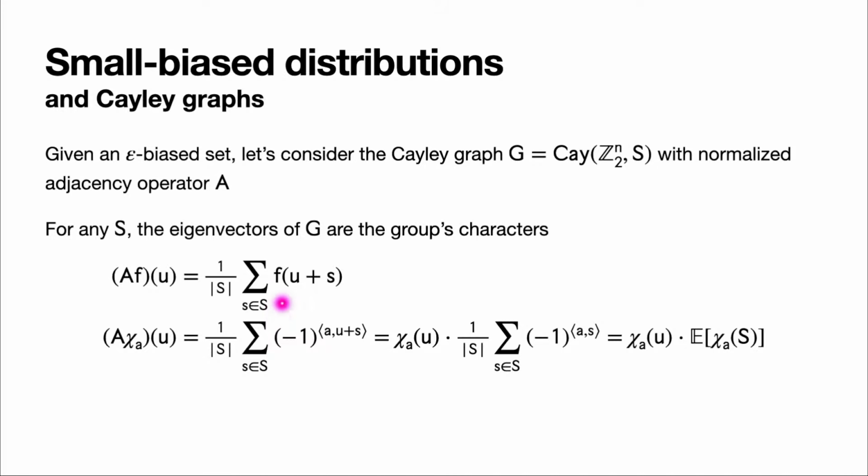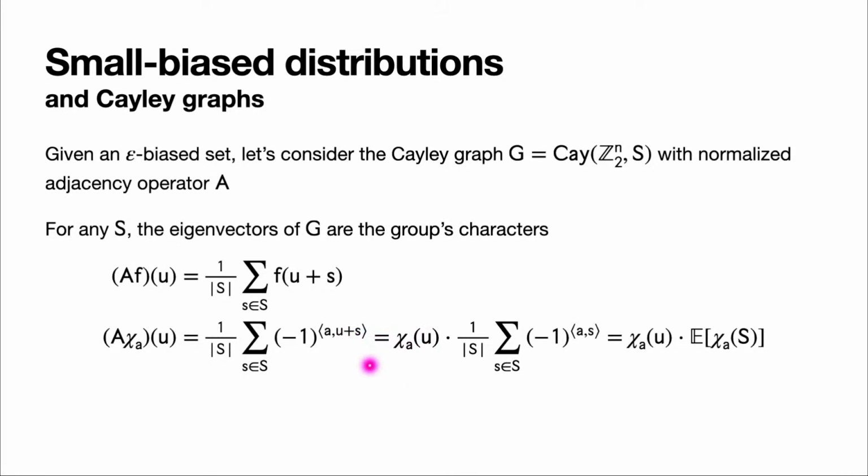So take any function over the vertices, or any vector. This is how the normalized adjacency matrix of a Cayley graph over an abelian group behaves, right? Now let's just take f to be chi a, any character. This is just plug and play. So this is (-1) to the inner product between a and u plus s.